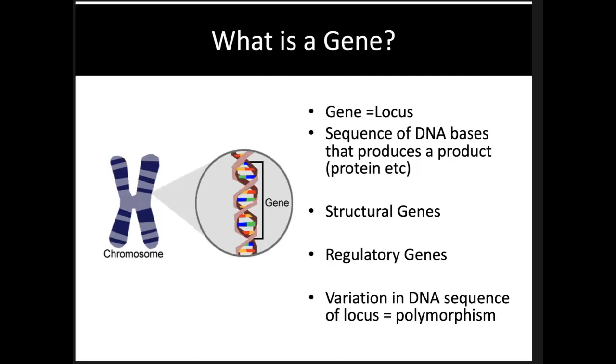Anytime we have a variation in a DNA sequence at a locus, in a population, this is called a polymorphism. Poly means many, morphism means form.